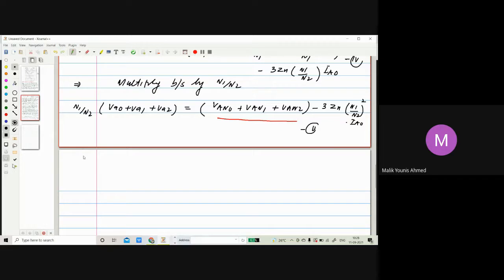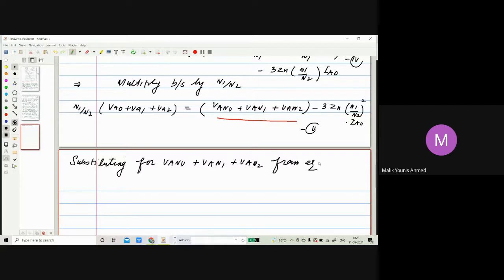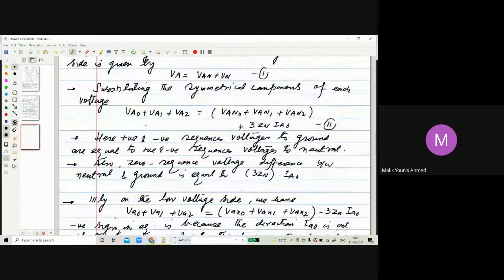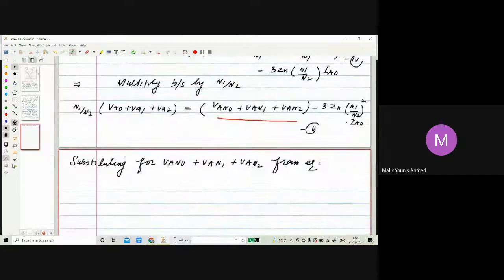Substituting for VA naught plus VA1 plus VA2 from equation. Let's see which equation we have used for that. Yes, that is equation number 2. From equation number 2, we can substitute the value.